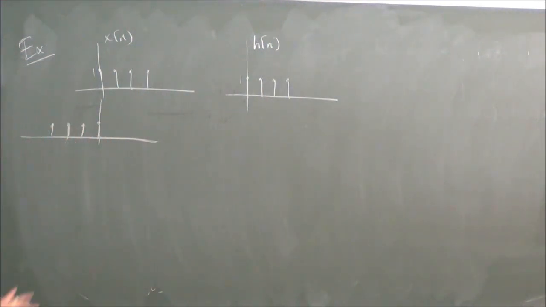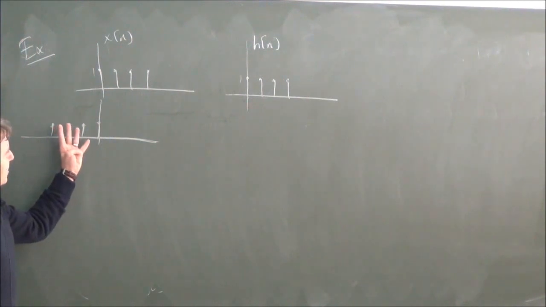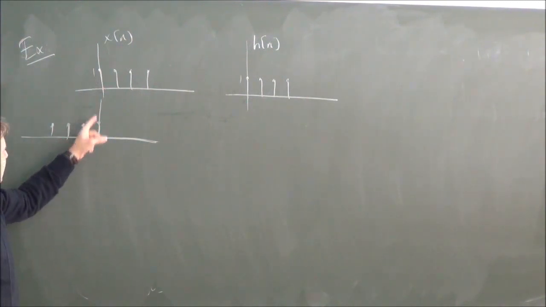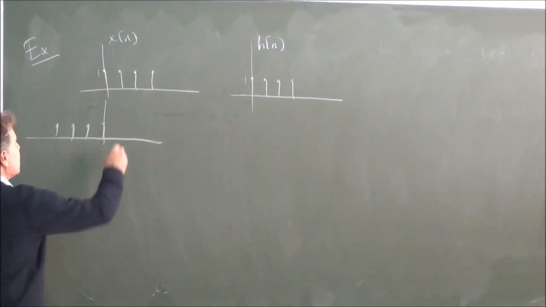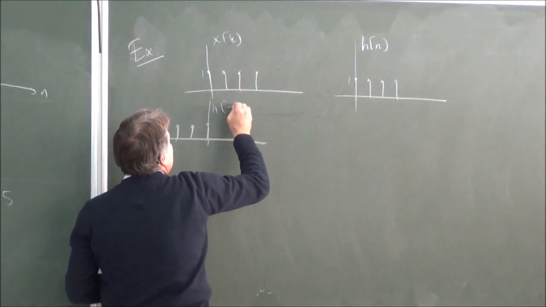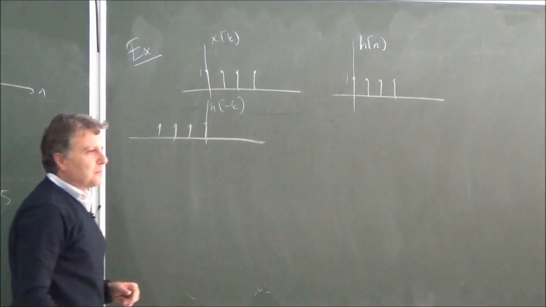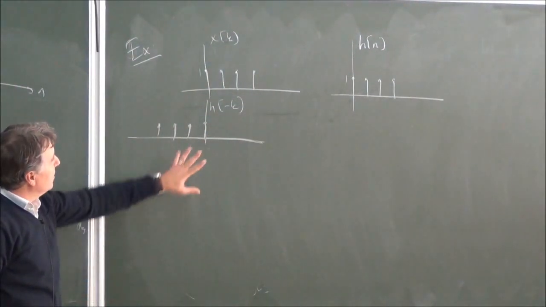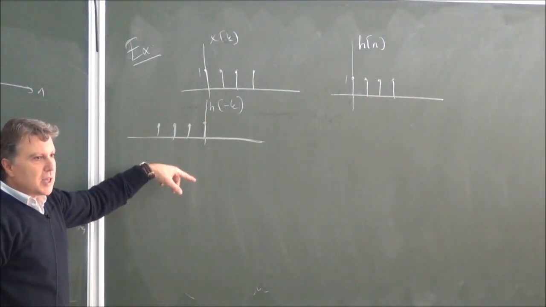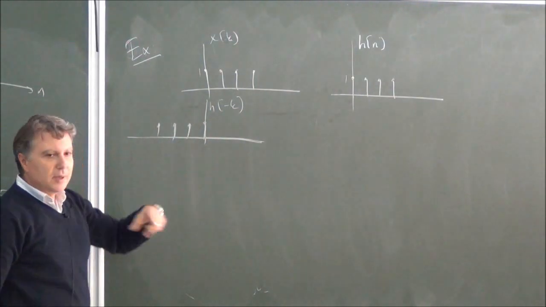This is the first flipping around, and this is the first overlapping. One item is overlapping the other item from x of n. So let's call this x of k, this is then h of minus k, flipped around. And the output is the multiplication of 1 and 1, sum up, it is 1.